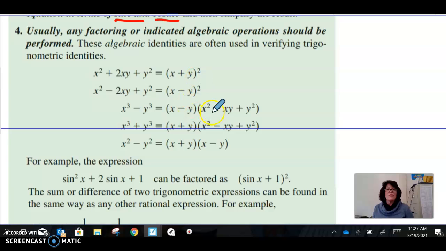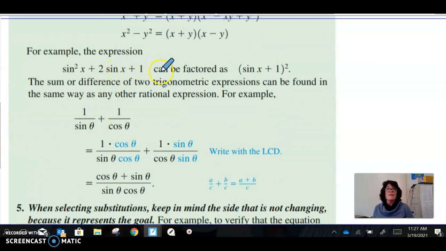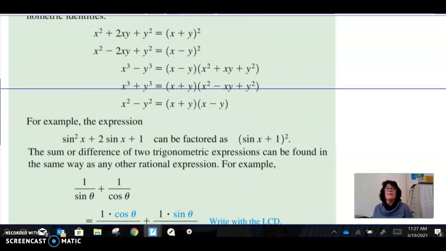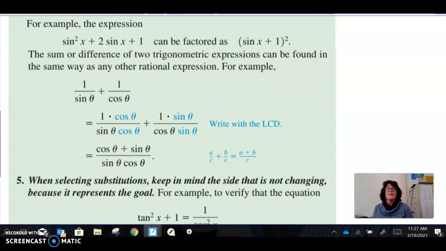Algebraic things like difference of two squares, anything we used to do with algebra, it's the same type of thing with trig. So if I see sine squared plus 2 sine plus 1, that would be the same as seeing x squared plus 2x plus 1, and we can factor that.